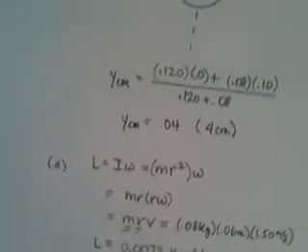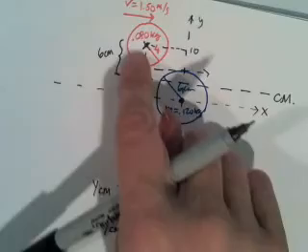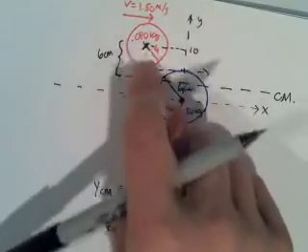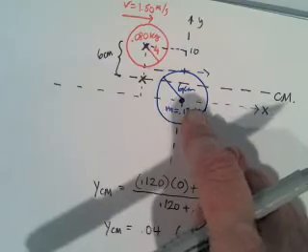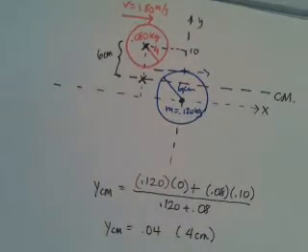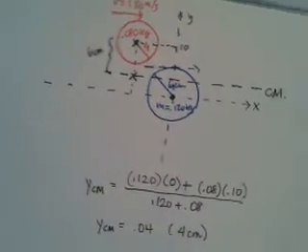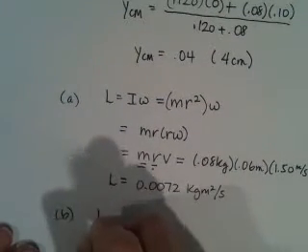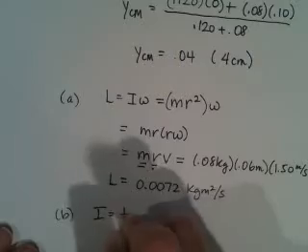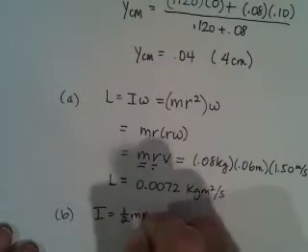Now individually, these guys are spinning like they are a disk. So individually, the spin of this disk and the spin of this disk is related to the moment of inertia. I equals 1/2 mr squared for a disk. So for the pink guy, that moment of inertia will be 1/2 mr squared.